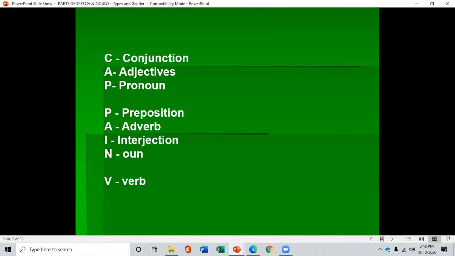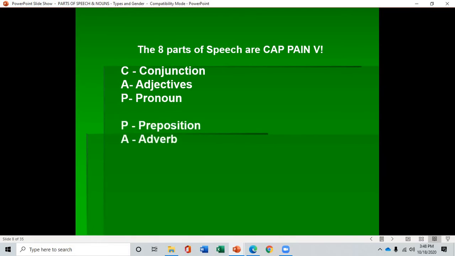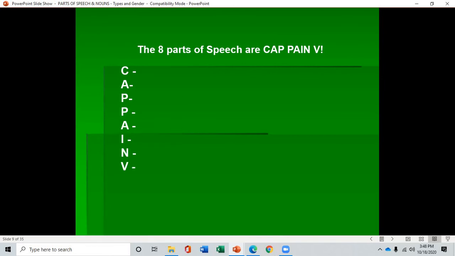Oo nga pala, tinuro sa akin ni ma'am na ang 8 parts of speech ay CAP-PAIN V. Alright. Now again, C for conjunction, A for adjectives, P for pronoun, P for preposition, A for adverb, I for interjection, N for noun, V for verb.